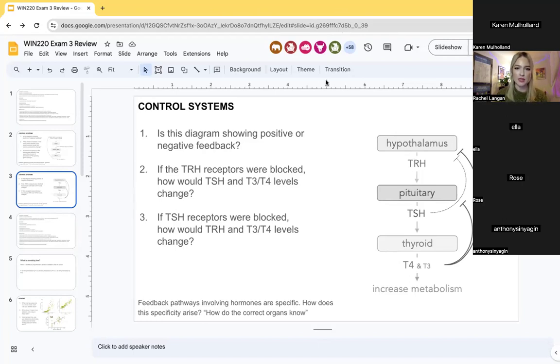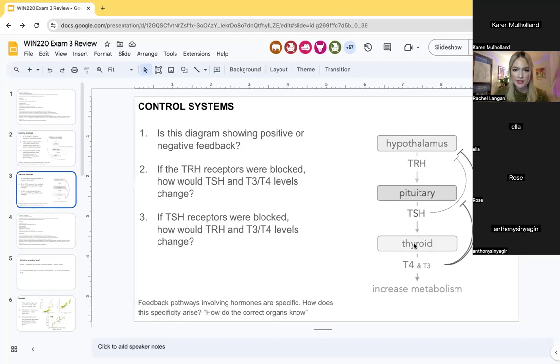So if we block the TSH receptors, where are TSH receptors? Well, they're going to be on the thyroid because that's where it's signaling to. Again, not because TSH knows to go to the thyroid, but just because the thyroid has receptors for TSH.